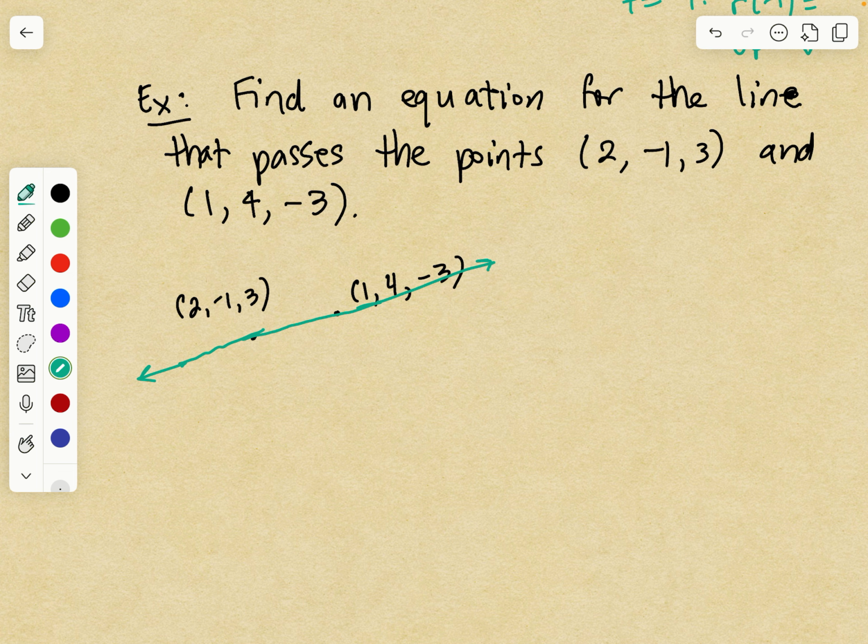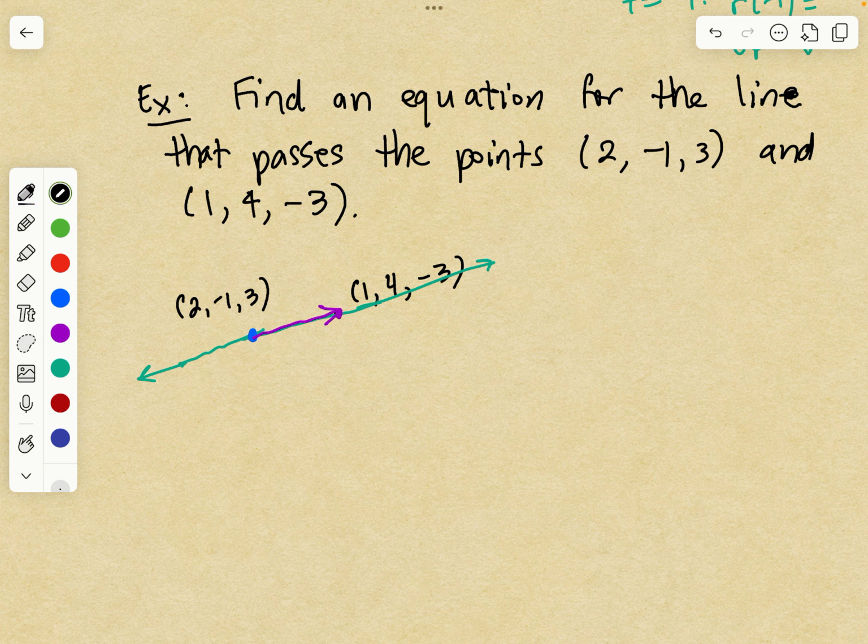And what we need is a point on the line. Well, in this case, we have 2 points on the line. And it doesn't matter which point you pick, just pick a point on the line. Let's say this one, 2, negative 1, 3. And we need a vector that's parallel to the line. That would be our v. So our v, we can take to be the vector from this first point to the second point. That's a vector that's parallel to the line.